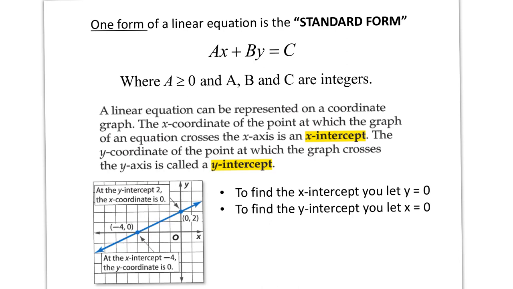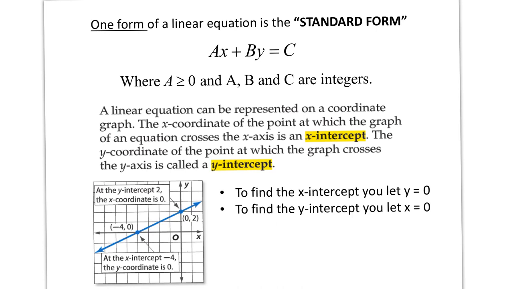I say that A has to be an integer, but it cannot be a negative number. It has to be positive or equal to 0. So this one here has to be positive. This one here can be negative or positive, so you can have a minus or a plus. And this number here doesn't have a variable. It's just a number, a constant, and it can be negative or positive.